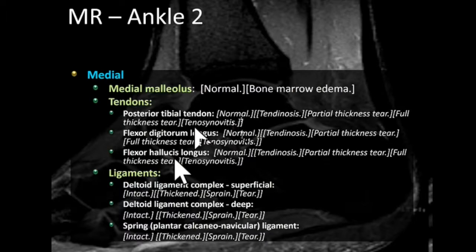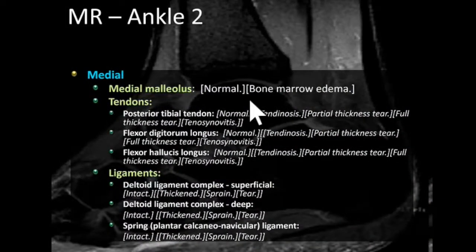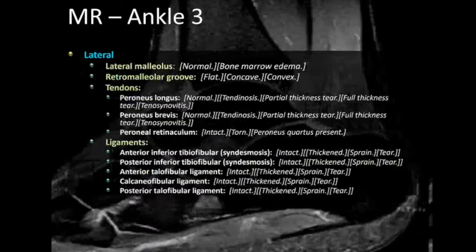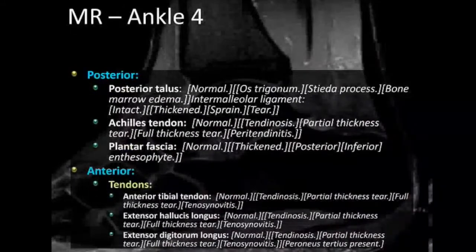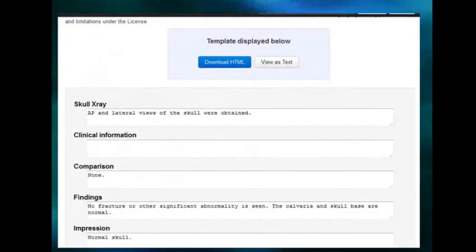But this is not the case for all of the templates. For example, let's take a look at the skull X-ray template, which has the same concept for use in HTML format. Here you can see for the findings there is only a very simple sentence with no detailed structure. So this template library is not necessarily helpful to have structured reporting in place.